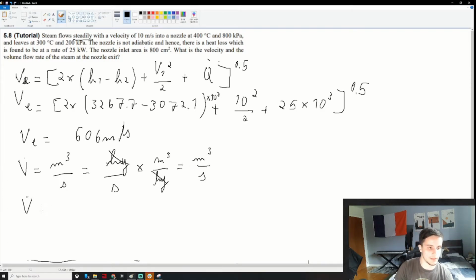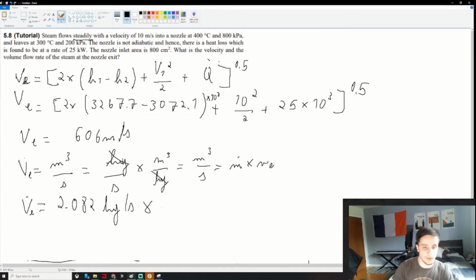So V dot is equal to, in meters cubed per second, the mass flow rate we found to be 2.082 kilograms per second, times specific volume, which, this is for the exit, so E, equal to mass flow rate, same throughout, but then the specific volume for the exit, which you can find for state 2 in your property tables.